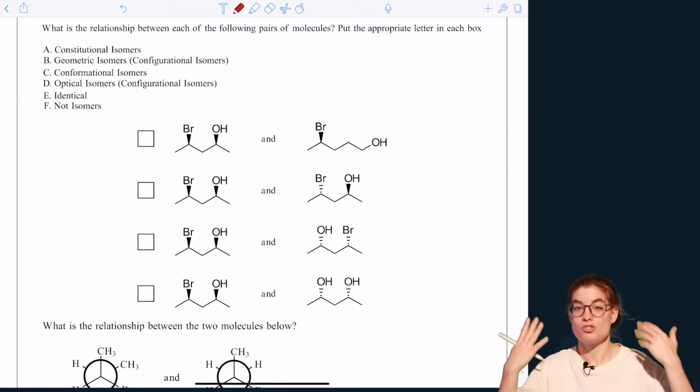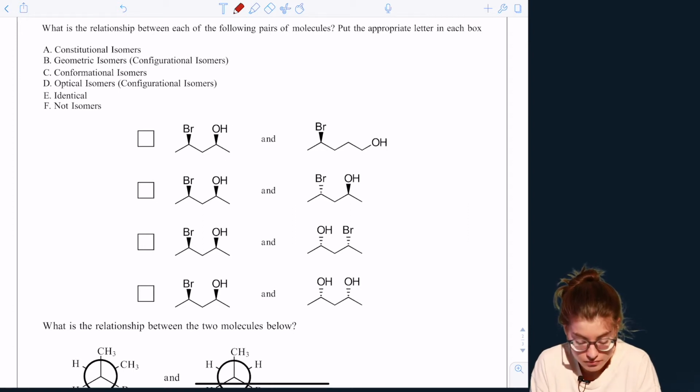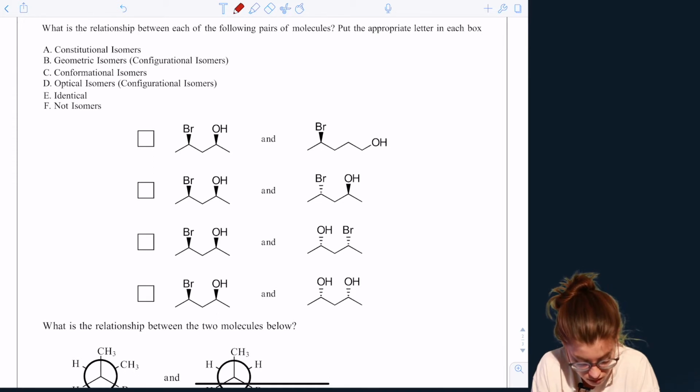So assuming that you've already reviewed them and you feel a little bit comfortable, let's test our knowledge on these definitions. What is the relationship between each of the following pairs of molecules? Put the appropriate letter in each box. So we have quite a few options. Constitutional isomers, geometric isomers.